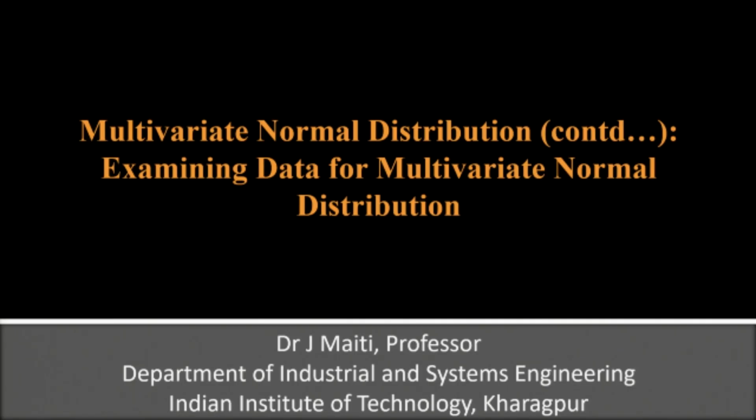We are in the last lecture for multivariate normal distribution, and you have seen that it's a continuation. This is the fourth lecture, and today we primarily discuss how to examine data for multivariate normal distribution, in the sense of whether the data is multivariate normal.